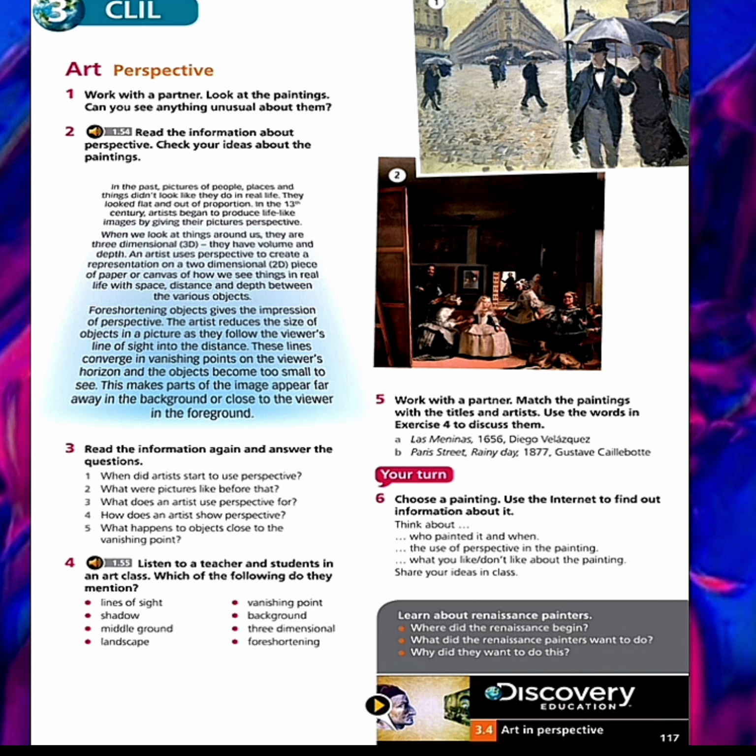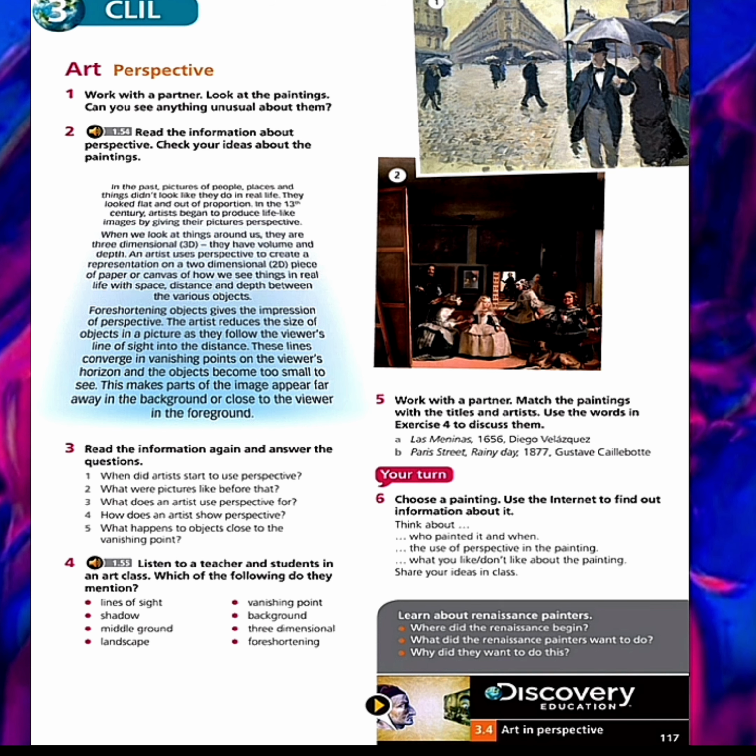Listen to the information. Perspective. In the past, pictures of people, places and things didn't look like they do in real life. They looked flat and out of proportion. In the 13th century, artists began to produce lifelike images by giving their pictures perspective.